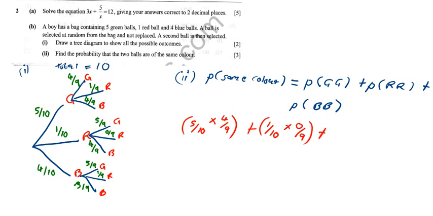Black has a 4 over 10 and a 3 over 9. So probability of black is 4 over 10 times 3 over 9.